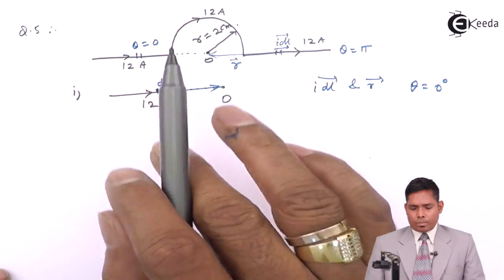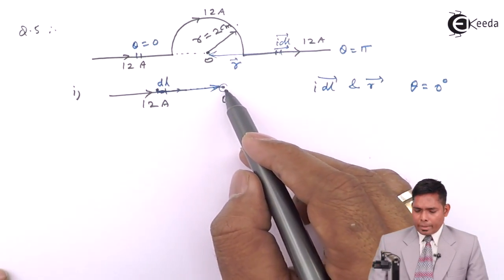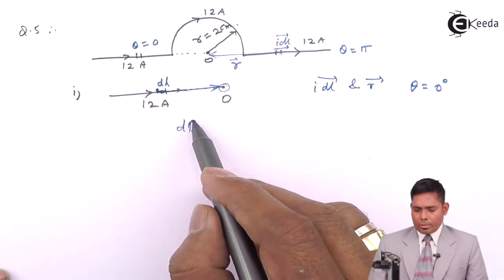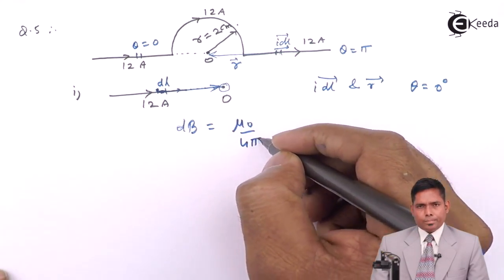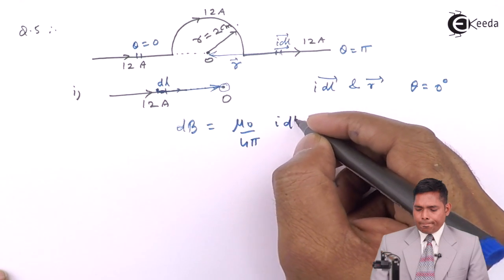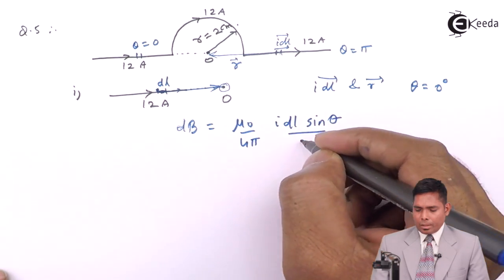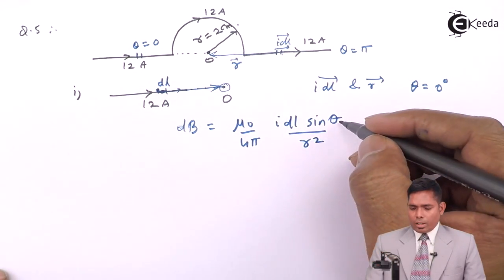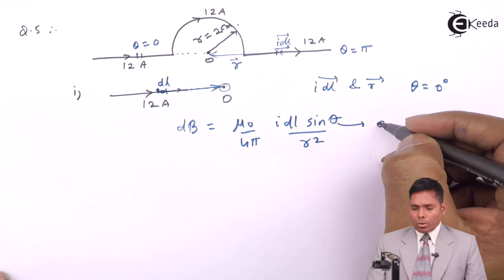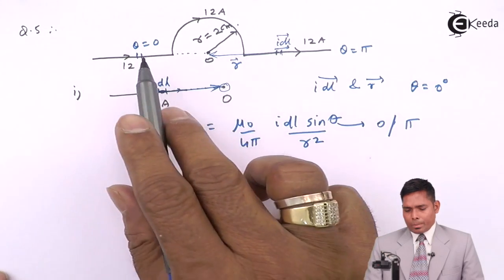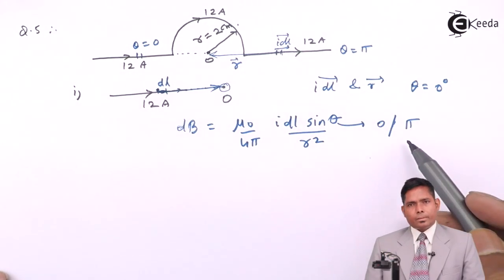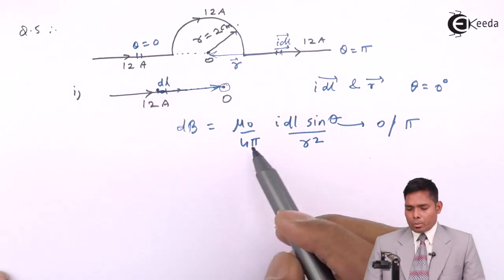Whether it is pi or 0, if I were to find the magnetic field here from the Biot-Savart law, dB equals mu 0 upon 4 pi, I dl sin theta upon r square. So theta here is 0 or pi in both cases, straight part of the conductor, 0 for the left part, pi for the right part of the conductor. So this will amount to 0.